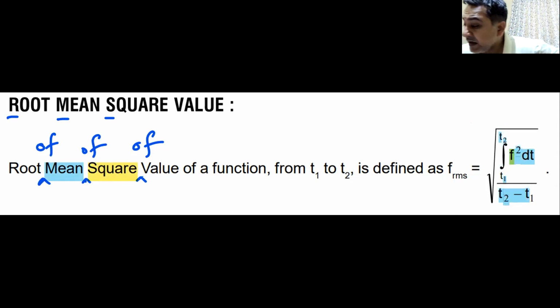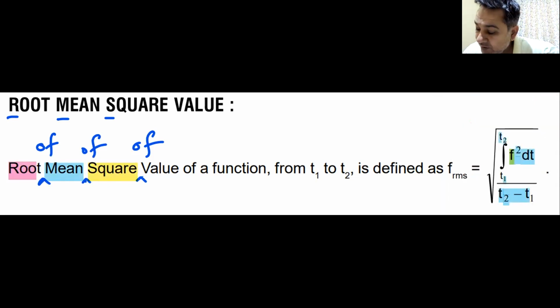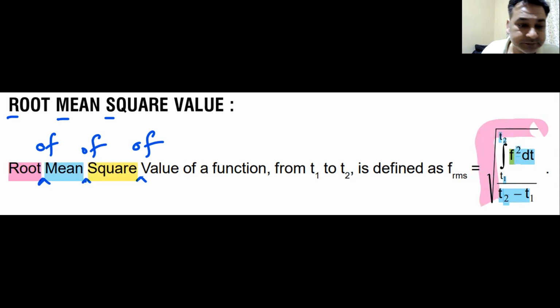Then what is the last thing I do? That is my pink. I find the square root of this. Do you see the square root here? So that is what I mean by root mean square value. First I square, then I take the mean, then I take the root. Is the formula looking good now? Yes, sir. So if you understood, shall I make the formula big or you can write it on your own?